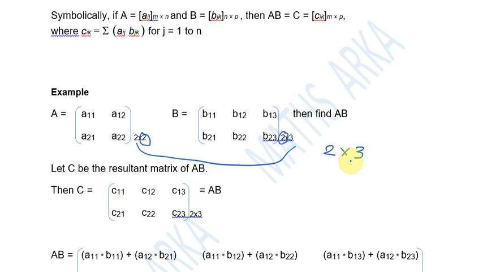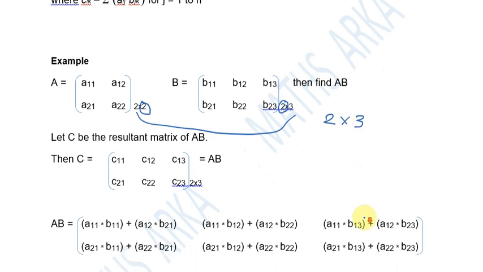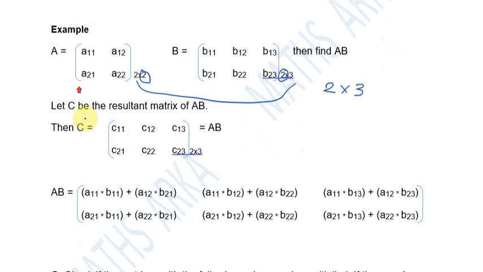Let's call the resultant matrix C. So C is of the order 2 cross 3. These would be the elements over here. These are generalized elements.